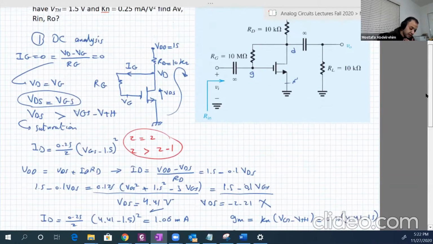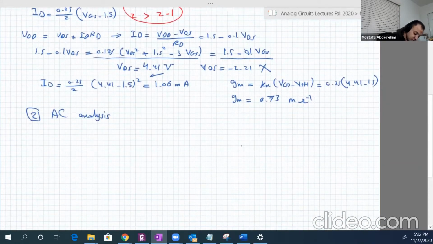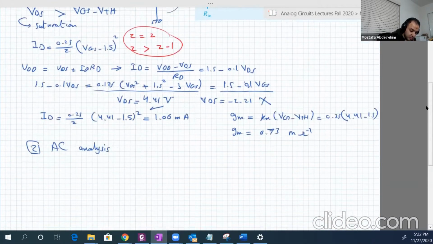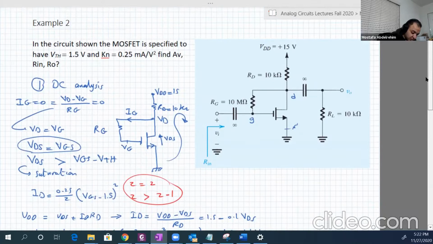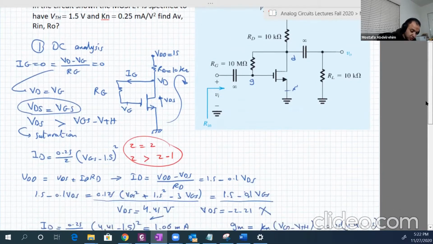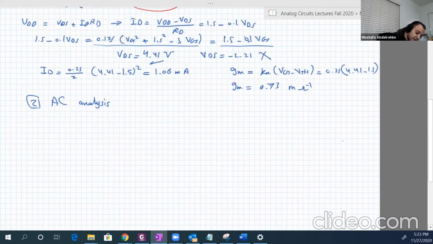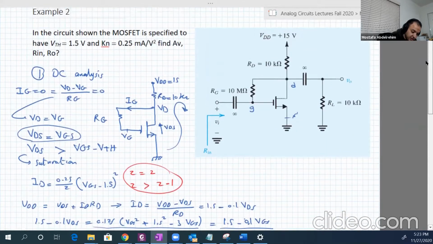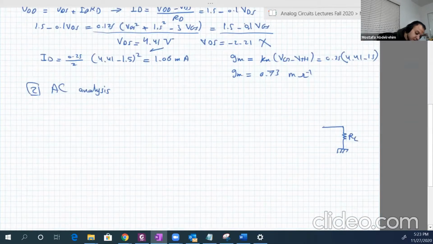First is the equivalent circuit. So let's first draw the circuit by canceling the DC sources and shorting the capacitors. So we're going to have our load here. The capacitor is short. Then we're going to have RD with ground.